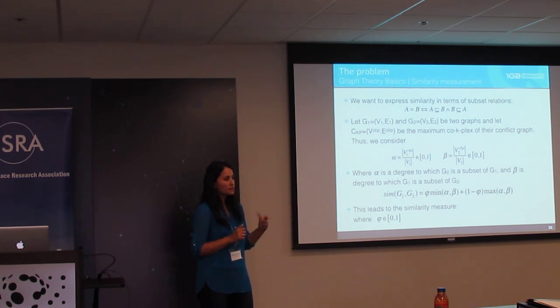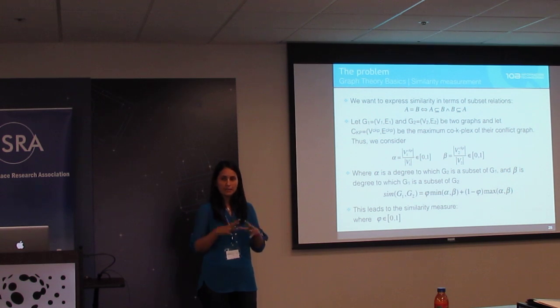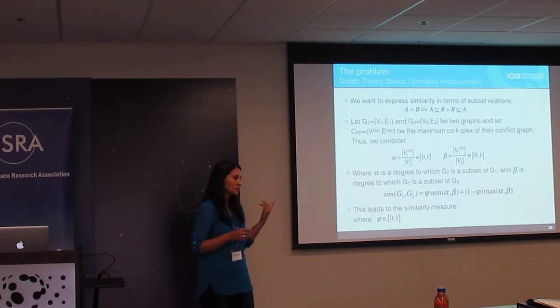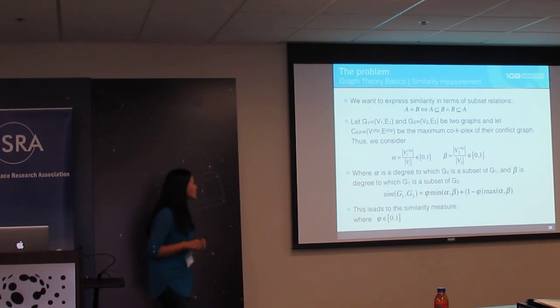The reduction implies repeating some atoms. So you may end up having two different co-K-plex graphs if you are looking at graph 1 or graph 2. In some cases you may have the same one, so you just repeat it, but when they are different, you put it in this format.